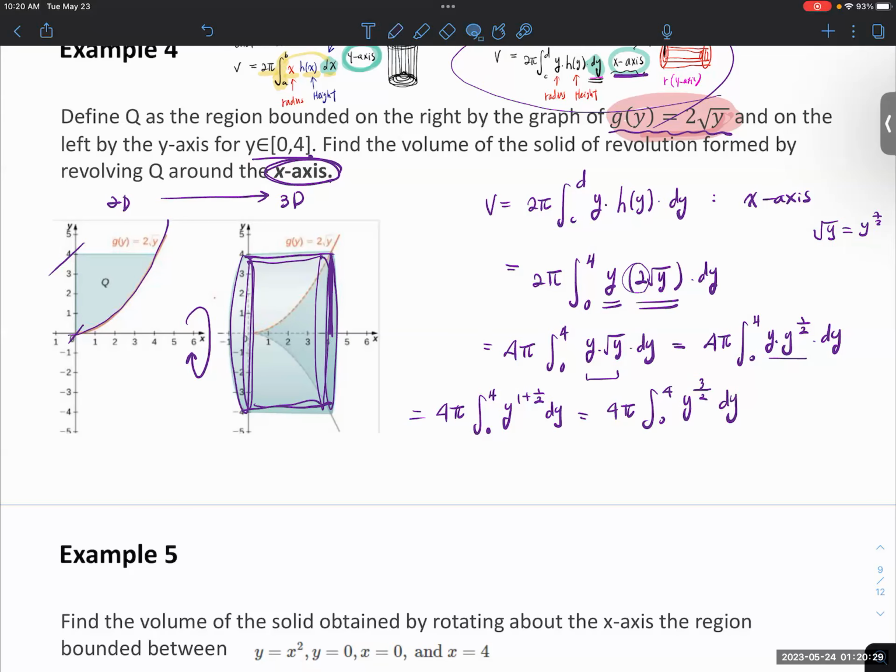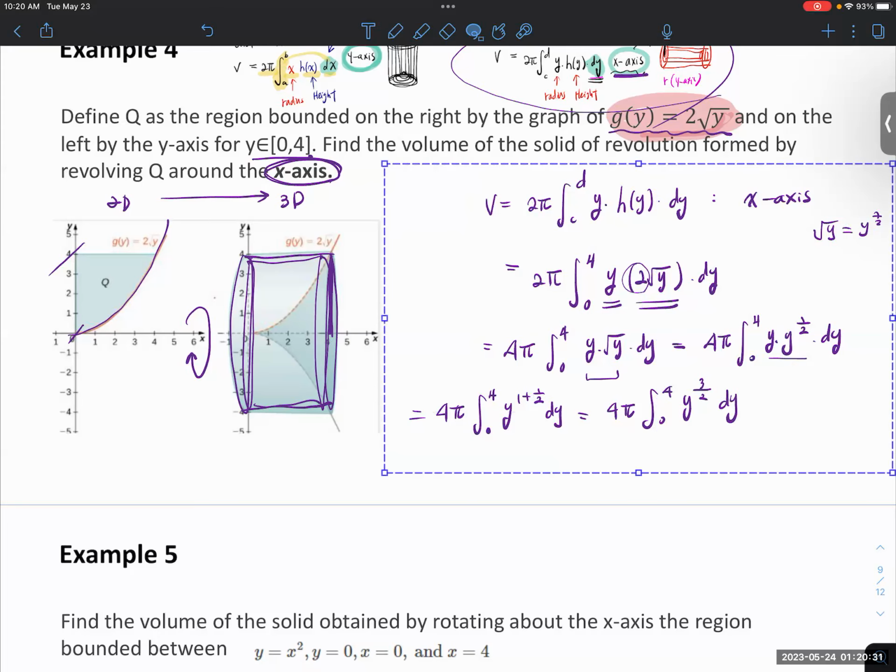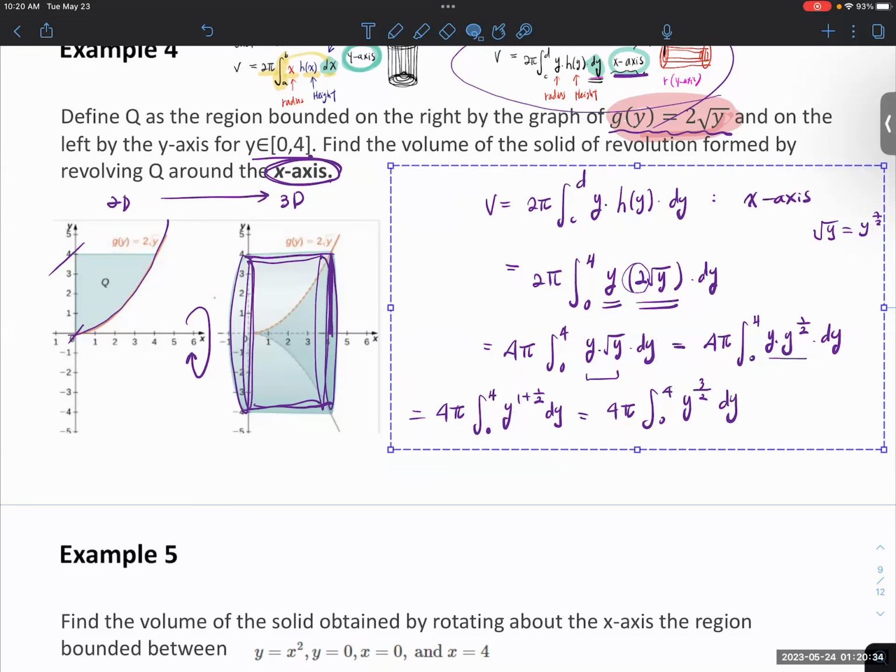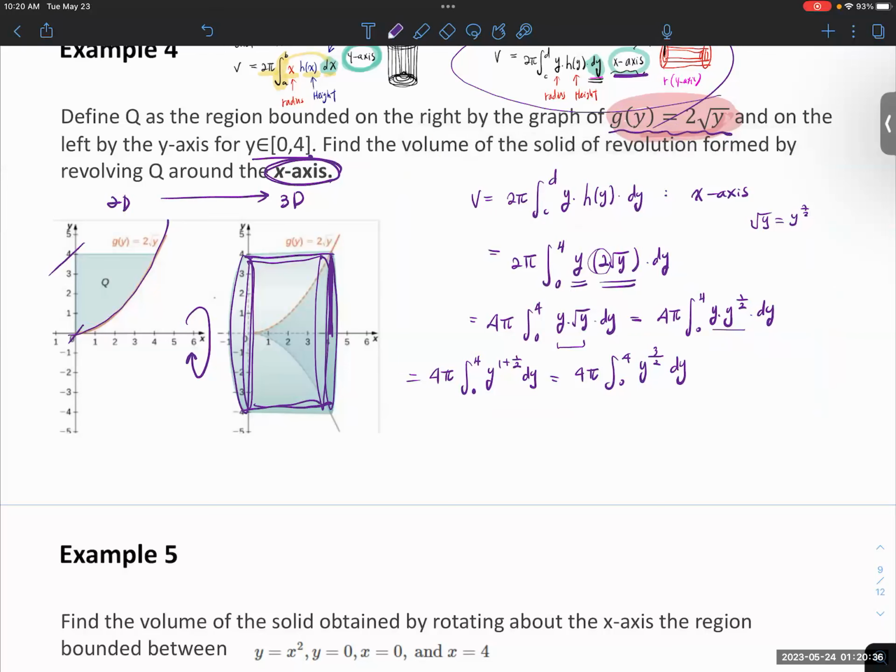Now you're going to take the integral. So it is going to be 4 pi, y to the 3 over 2 plus 1, divided by that exponent, 5 over 2, from 0 to 4. Okay, simplify. We're going to flip this one and bring it up. 4 pi times 2 over 5 and y to the 5 over 2, from 0 to 4.